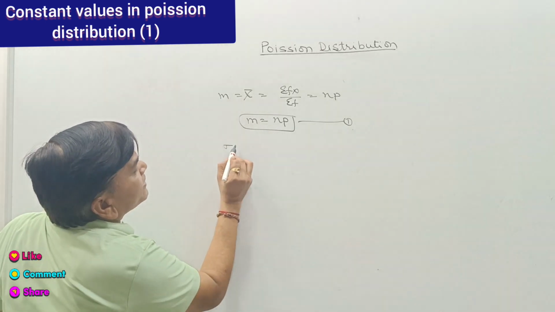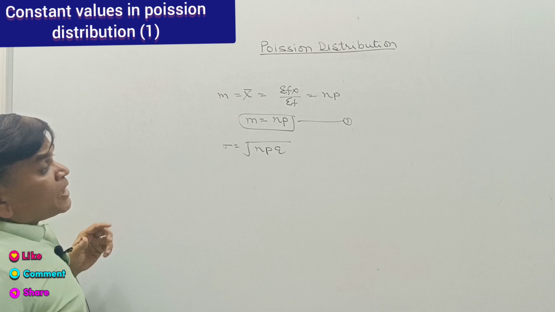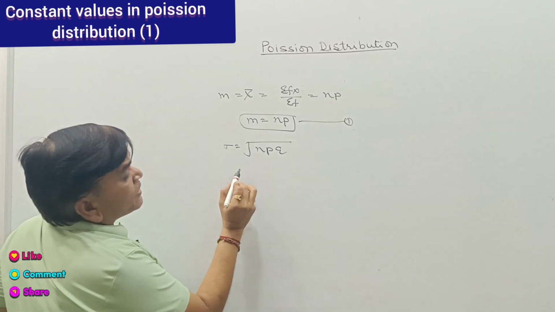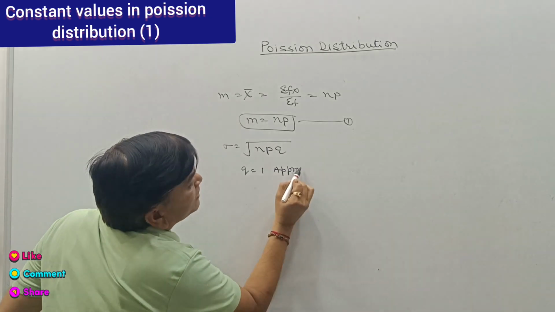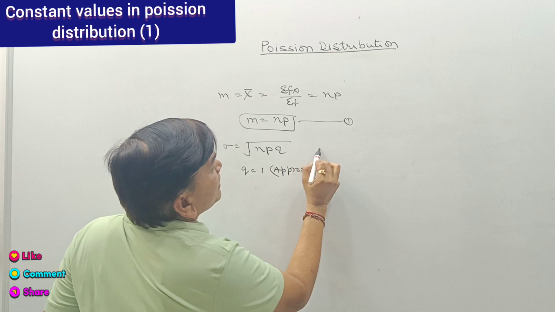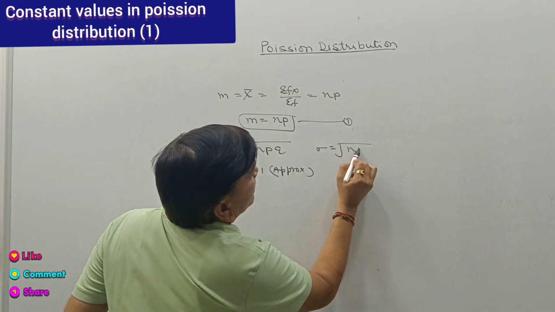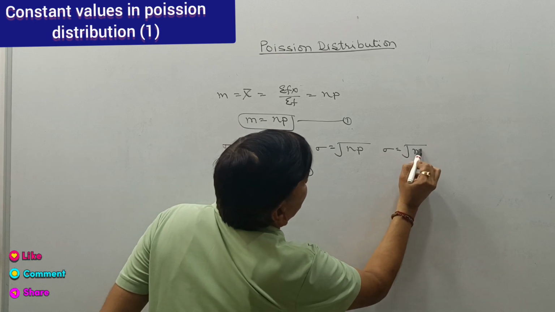Second, the standard deviation is under root npq. In Poisson distribution, q is approximately 1, as we already discussed in our last video. So the standard deviation will be root np, and the np value is m, so the standard deviation will be under root m.